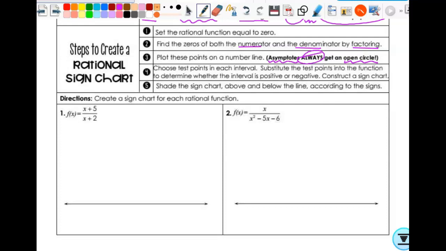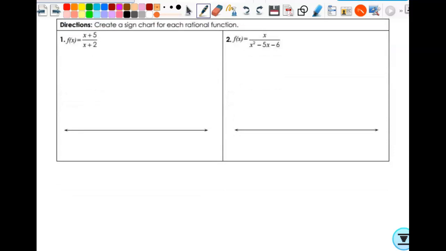All right, and then we do the same kind of thing with the sign chart. So let's see how this works. We're going to set it equal to 0, first of all. So if my numerator is 0, if I have 0 over x plus 2, what is the function value? If you have 0 over anything, what's the value of that? 0, okay?